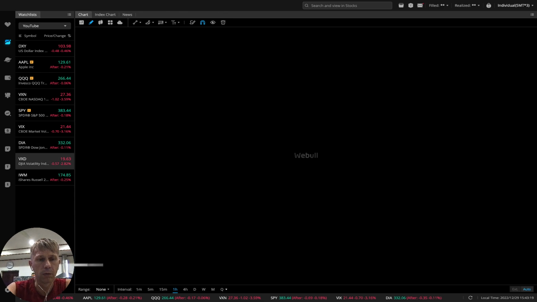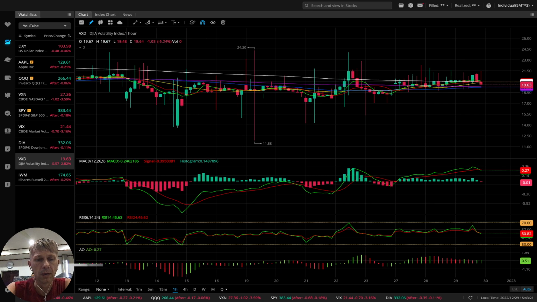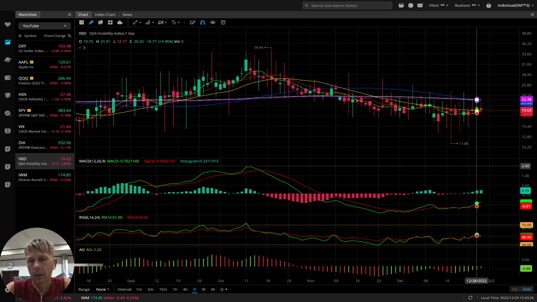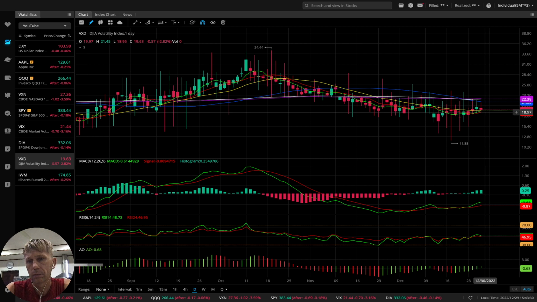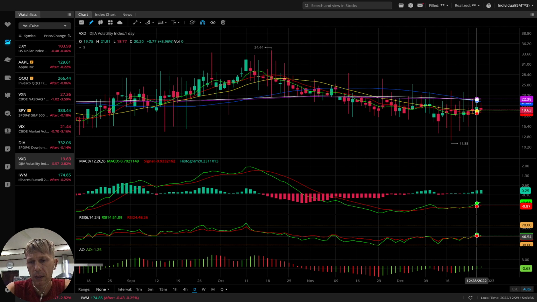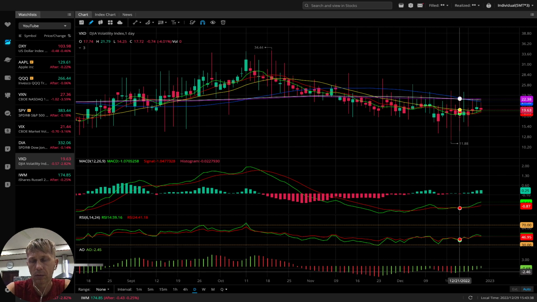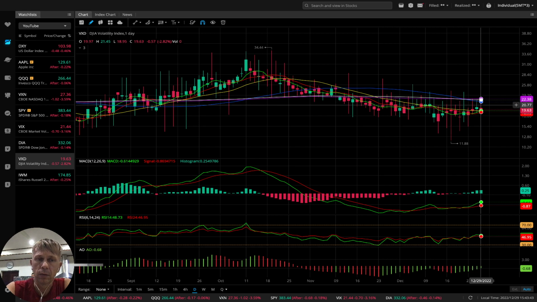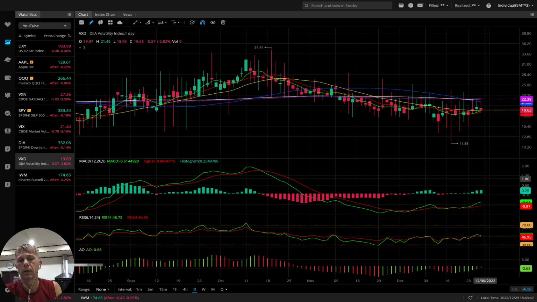Let's go to VXD, the volatility index for Dow. Okay, it's kind of a bullish trend. Bullish crossover on MACD, bullish crossover on RSI, bullish signal on awesome oscillator. On daily it's bullish, which means bearish for Dow. Bearish for Dow, right?